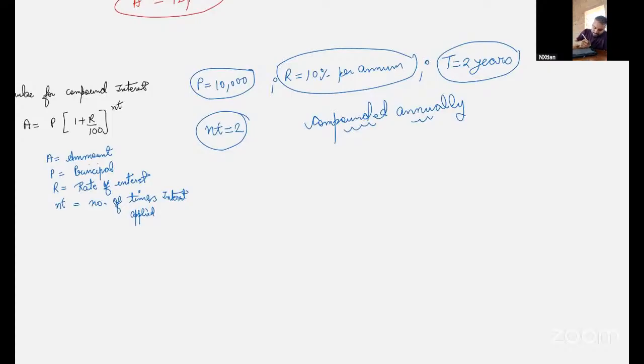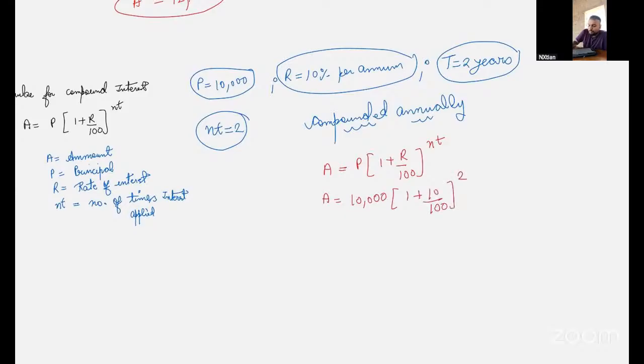Now we'll check the formula. So the formula is amount is equal to principal into 1 plus r upon 100, whole raised to NT. This is the formula. So amount is 10,000, 1 plus r. The rate is 10% upon 100 into NT.